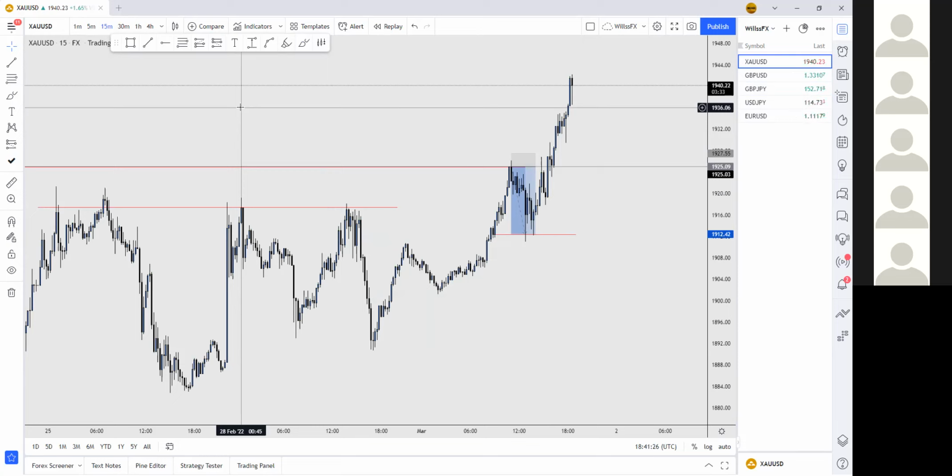So now, to make, let's say, a 1 to 5 or a 1 to 10, I have to make half of the pips, so I can do that in half the time. The way I do that is by going lower on the time frames, and that allows me to get tighter stops, tighter targets, but the same risk to reward. And the best thing about using the lower time frames, from my personal experience, is you get more setups.